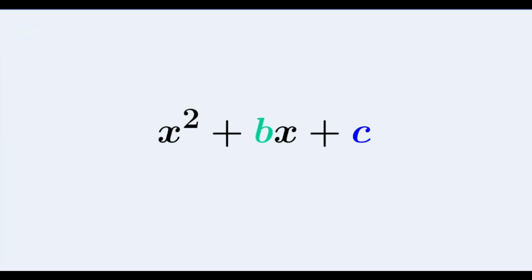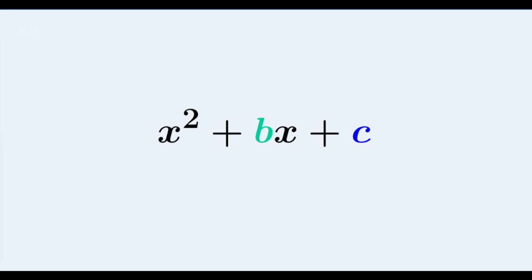Hey everyone, so today I'm going to show you how to factorize quadratic expressions, specifically the easy ones. So this video is like part one where I show you the easy ones, then we will have part two where we'll do the harder ones.